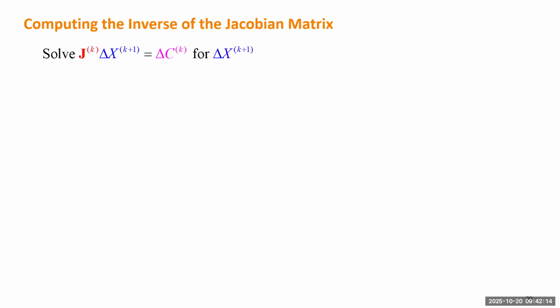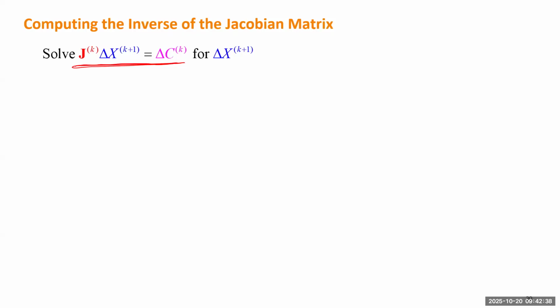the roots. Let's talk more about how to compute the inverse of the Jacobian matrix. So why do we want to compute the Jacobian? Because we want to solve this equation for x. At each iteration, we know the true function value, and we also know the current function value.